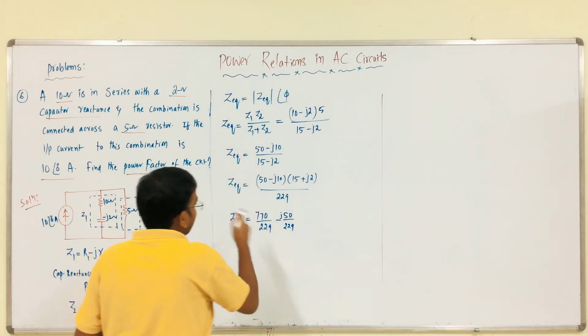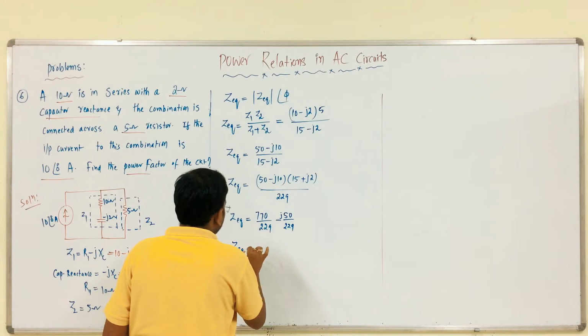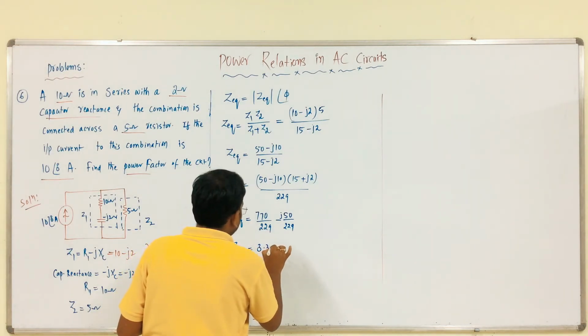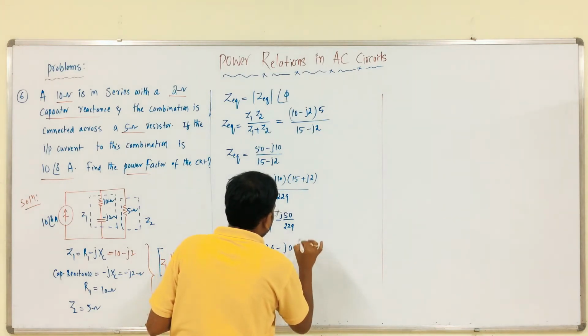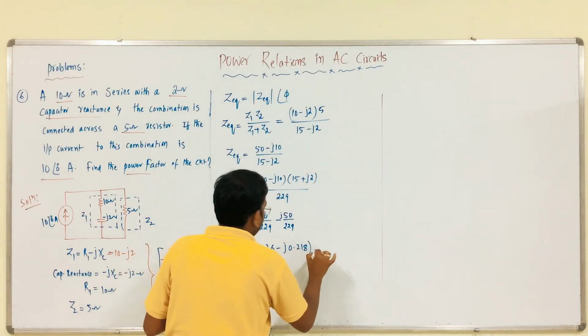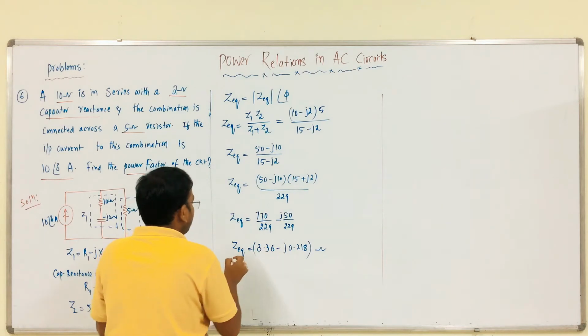We can get this value. So from this, Z equivalent is 3.36 minus j0.218 ohms. This is the value of Z equivalent.